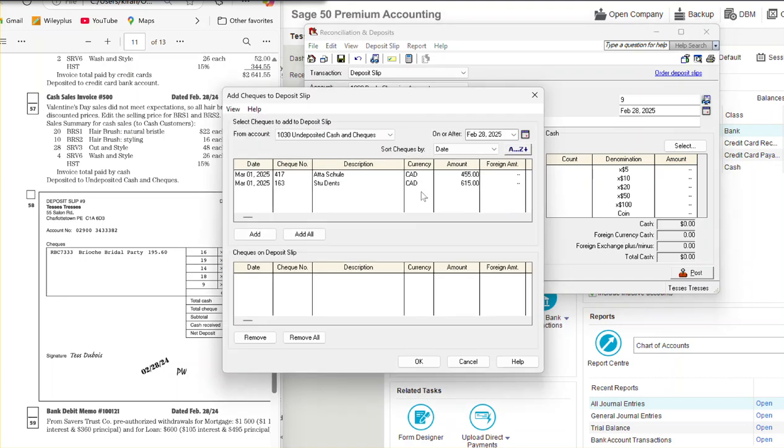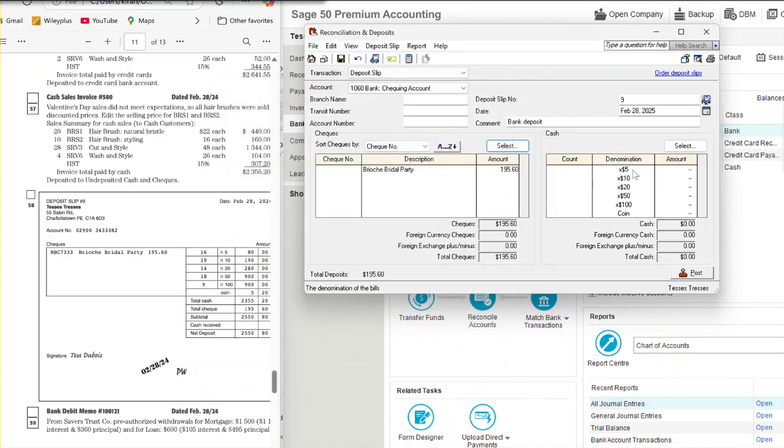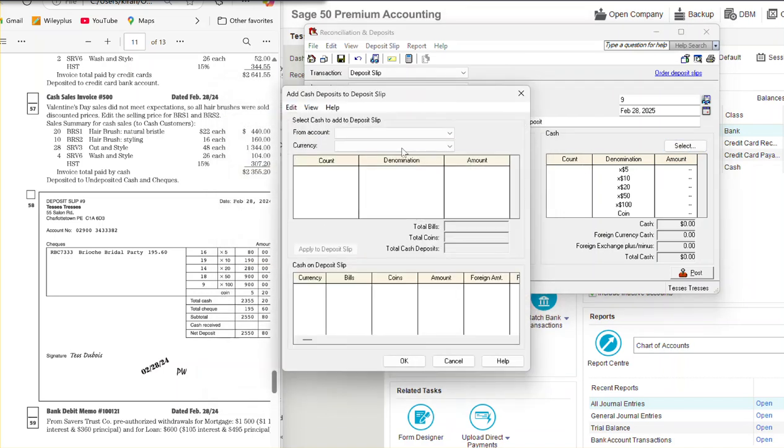Oh, I did say okay. Add, sorry, January 1st, add 195.60. We will say add, and I will say okay. I will go here, we select it, and we have some money that we are going to do the deposit of funds.